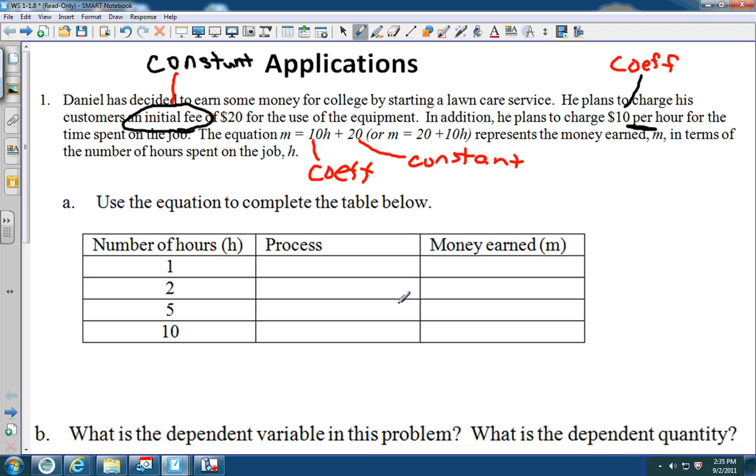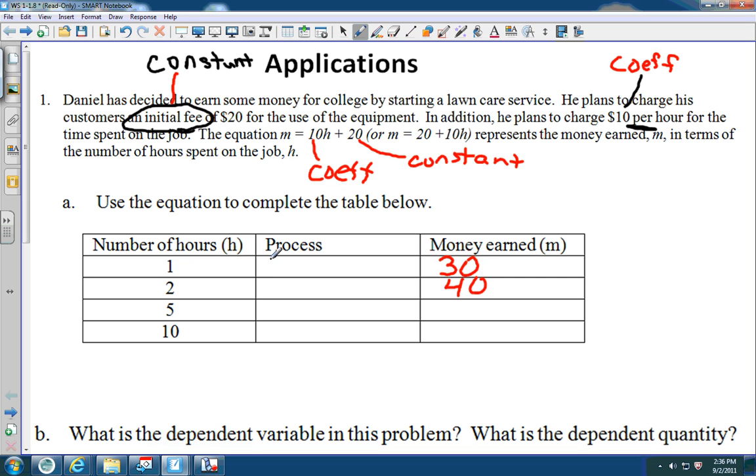Okay, so if we want to fill in this table, first off, in 1 hour, how much is he going to charge? Well, he's going to make $30. And in 2 hours, he's going to get $10 for each hour, so that's 10 and 10 is 20, plus a $20 initial fee, so that's $40. Well, how are you coming up with that?